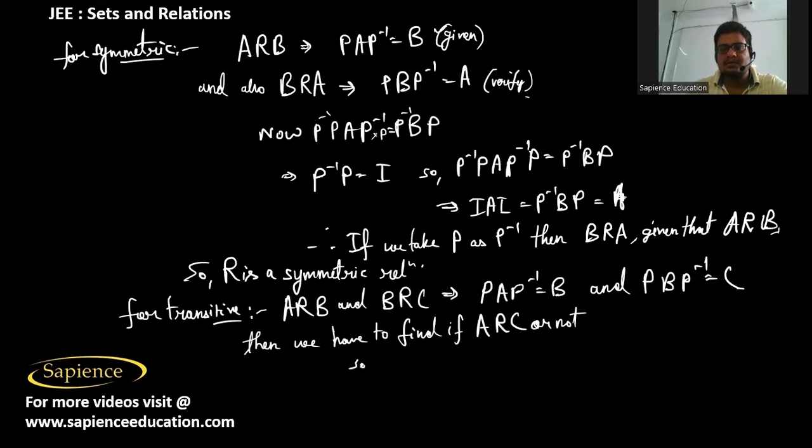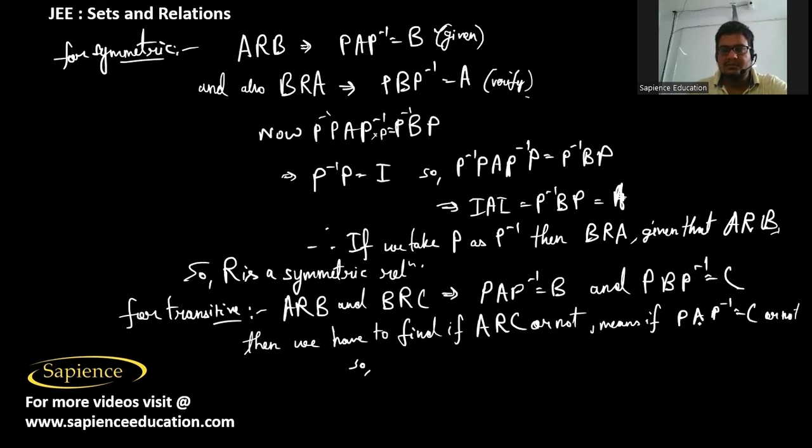So A is related to C means we have to check if PAP inverse equals C or not.